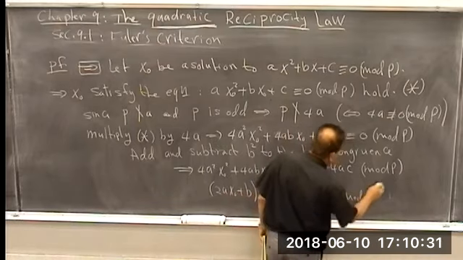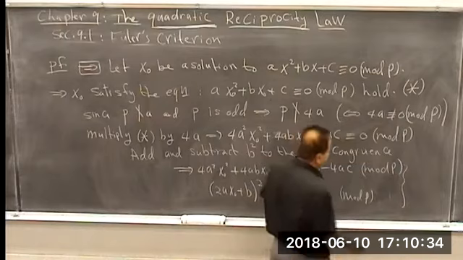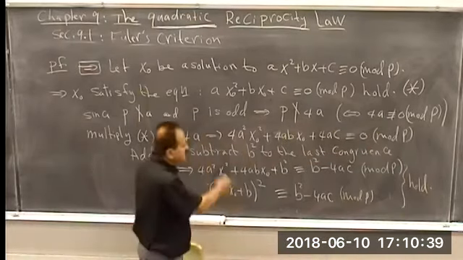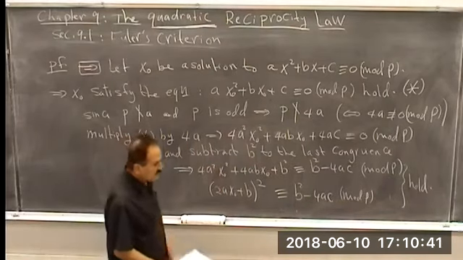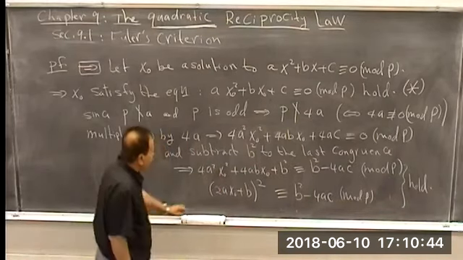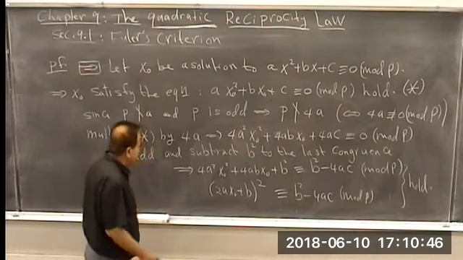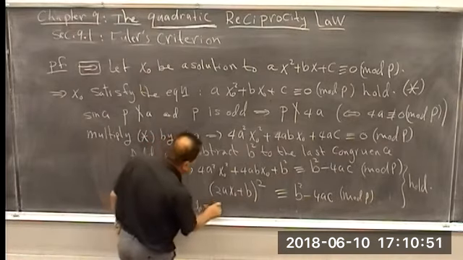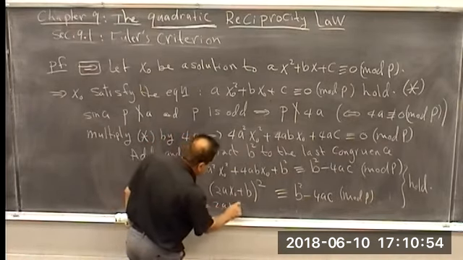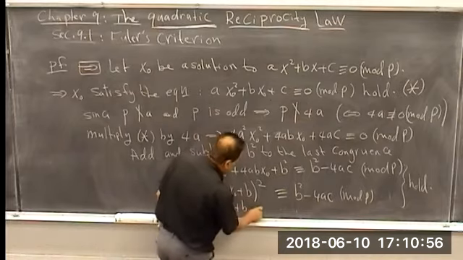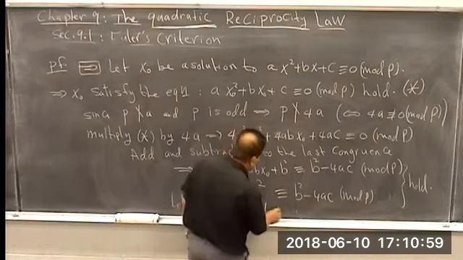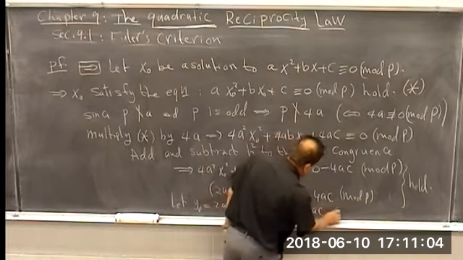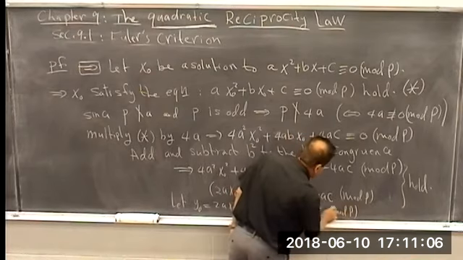And remember, all of these congruence relations hold because we are having a specific value, all of these numerical values, including of course the x sub 0. Now we're going to let y sub 0 equal 2a x sub 0 plus b, and we're going to denote d to be the right hand side mod b.